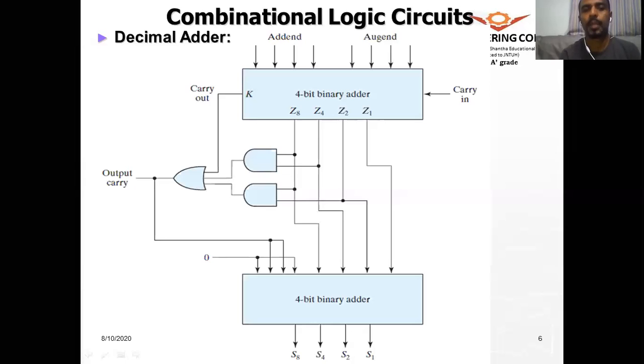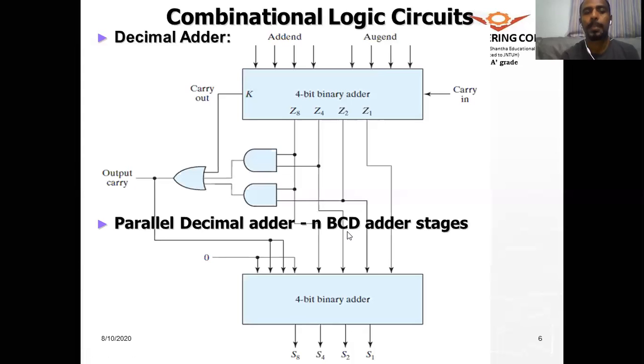Now, this is for only one digit. That means A0 of 4 bits and B0 of 4 bits. Only one digit I am adding. Now, if I want to add more than one digit, then I have to go for a parallel decimal adder. So this is for one digit addition, one BCD digit and another BCD digit. If I want to add two-digit BCD numbers, say 33 plus 45, then I have to use one more set like this.